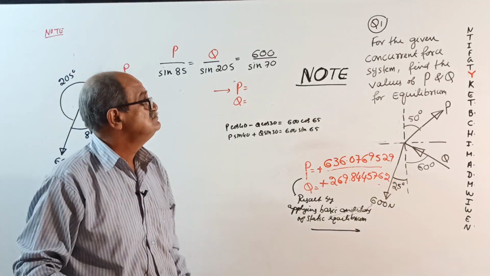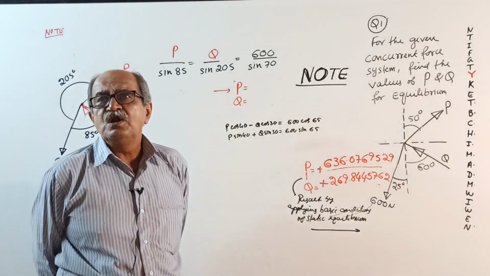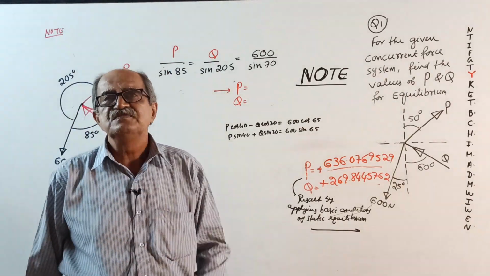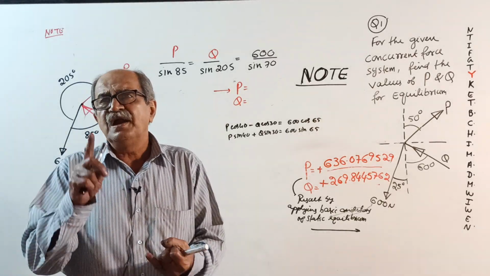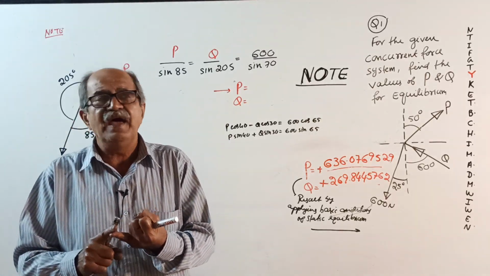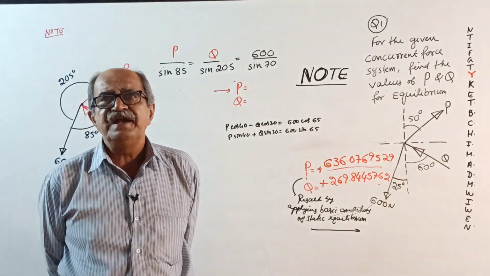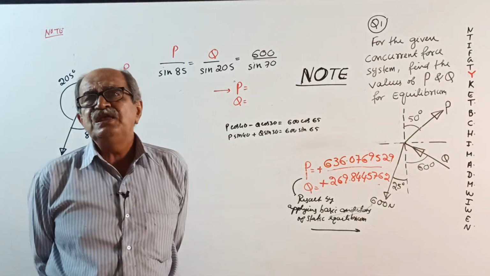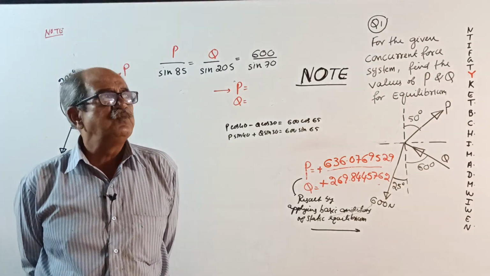A little later, we will consider an important theorem for three concurrent forces if they are in equilibrium. Remember, the condition of equilibrium is required, and only three forces, and they should be concurrent. Then each force is proportional to the sine of the angle between the other two forces.